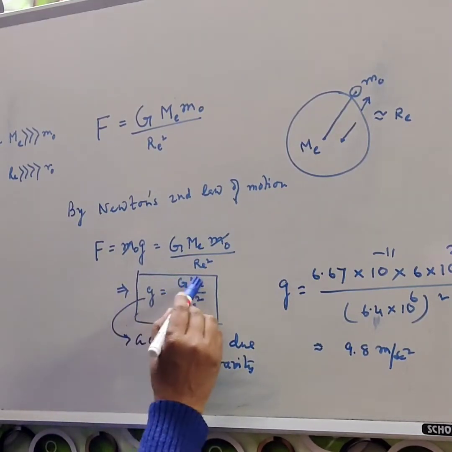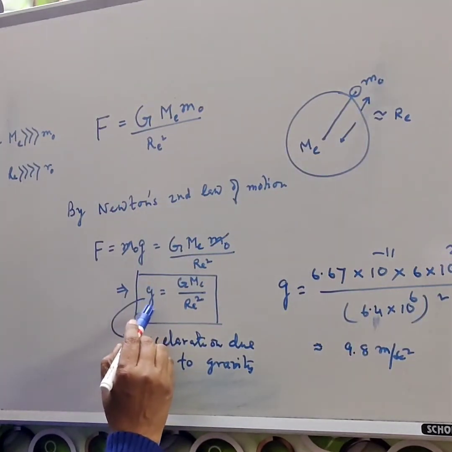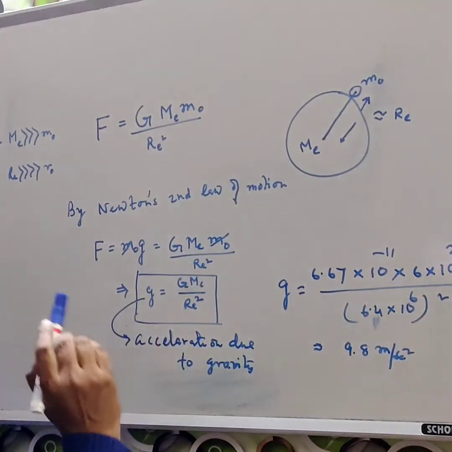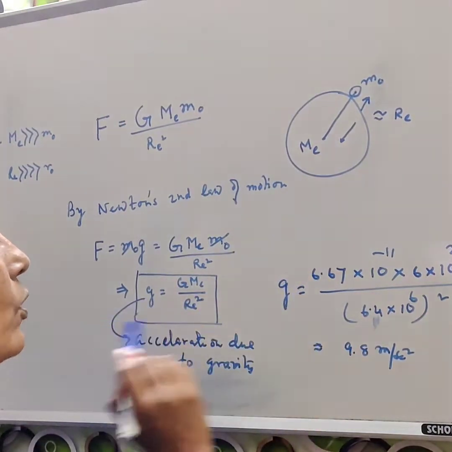Now since these three are constant, we can say acceleration due to gravity on Earth's surface is a constant quantity. What is the value of that constant?